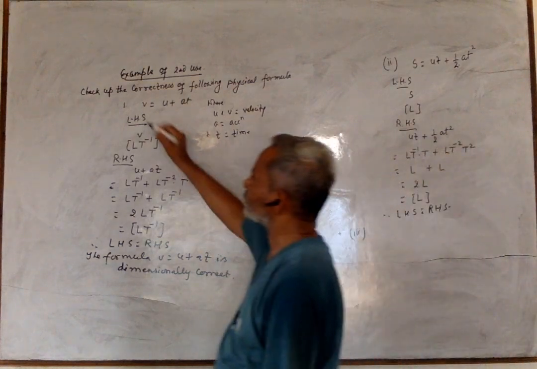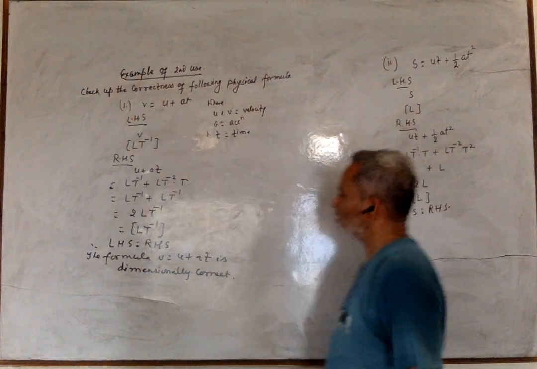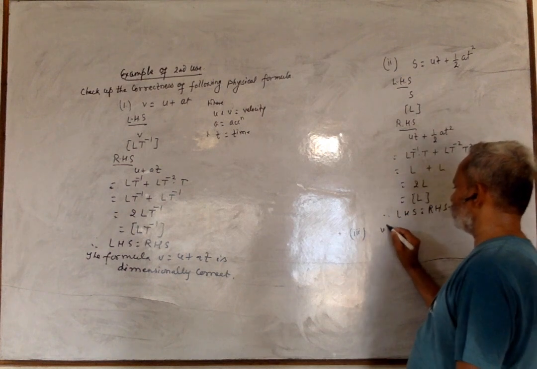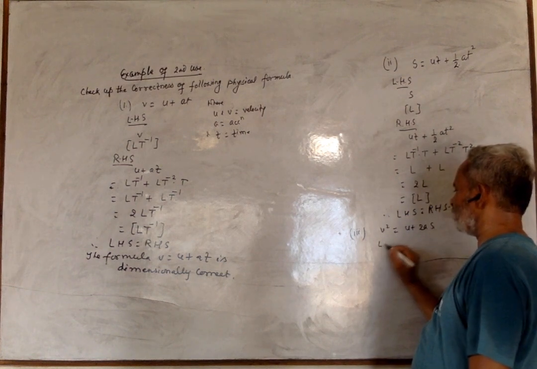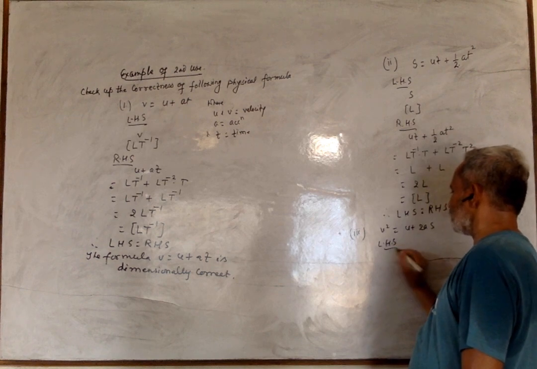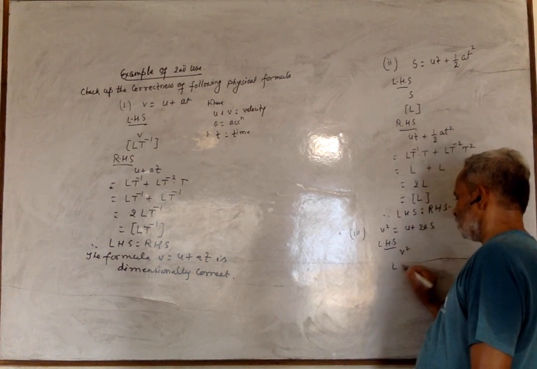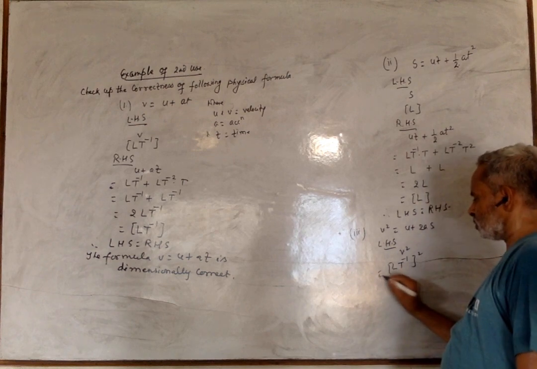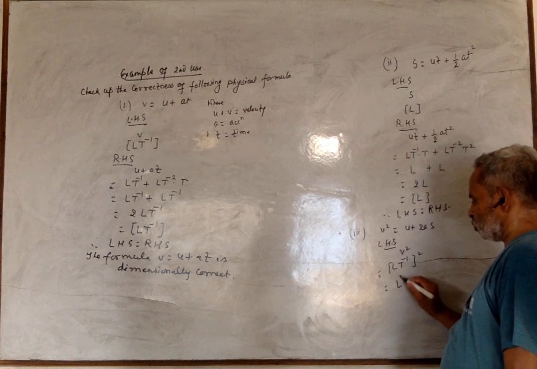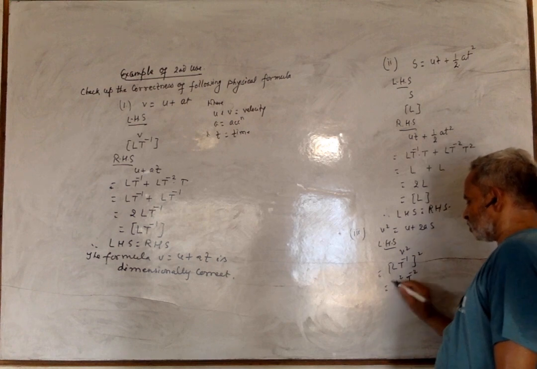Third, V square equal to U square plus 2AS. LHS, V square: LT minus 1 squared gives L2 T to the power minus 2.